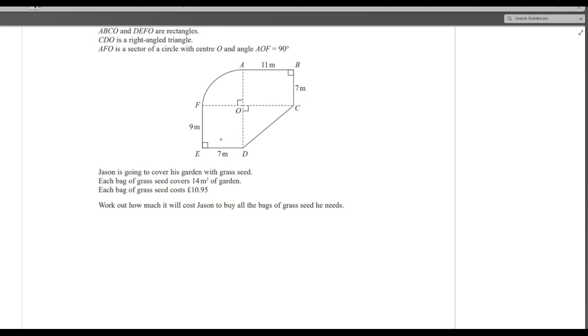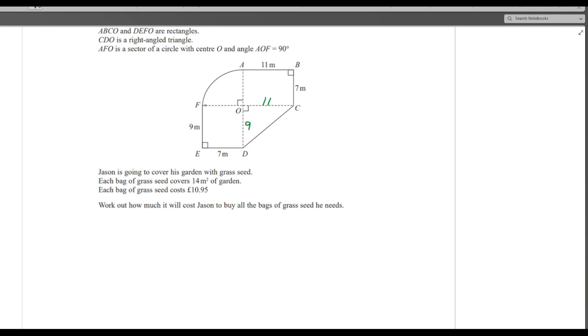Now for that we need to find out the total area. So here, if I work out the total area on the diagram, for this triangle you have one side 9, other side 11. For this rectangle, one side is 9, other is 7.